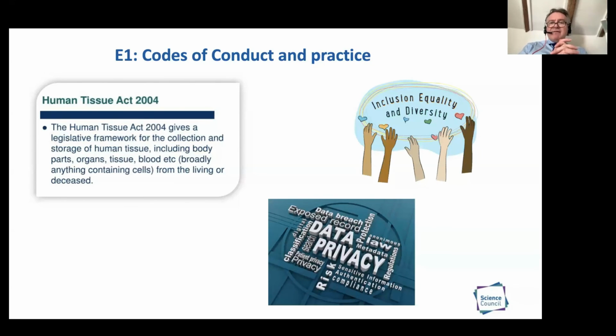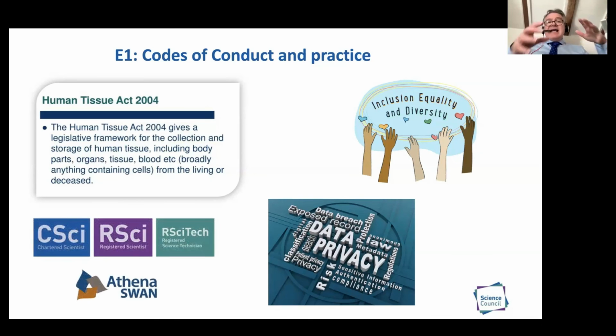Perhaps in a clinical environment, you are dealing with patient samples. So it's about how you use those in your research, such as the fact that you have to use samples that have been anonymized, okay? And all of this comes under the umbrella of the Human Tissue Act 2004. And that's an example of a code of conduct. Finally, it can be things like professional registration, okay?